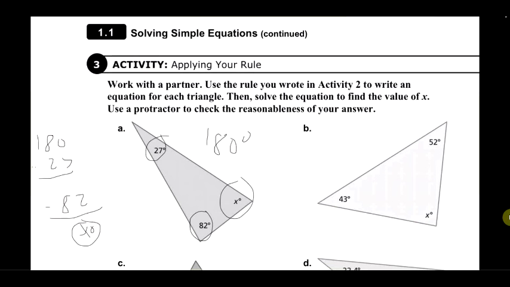So 180 minus 27, borrow from here, 3, 7 minus 2 is 5, and drop the 1, so 153, then minus 82. When we subtract 82, that'll give us our answer.